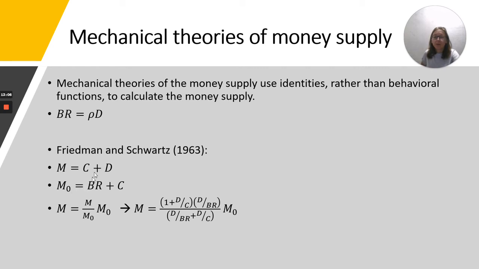So replacing deposits with bank reserves, we get M0, or the monetary base. The monetary base is the one which is set by the central bank directly. And then in a very simple way, writing M equal to M, and multiplying and dividing M by M0, we can write on one hand a very simple function, and then do the replacements in M and M0 based on what we know.